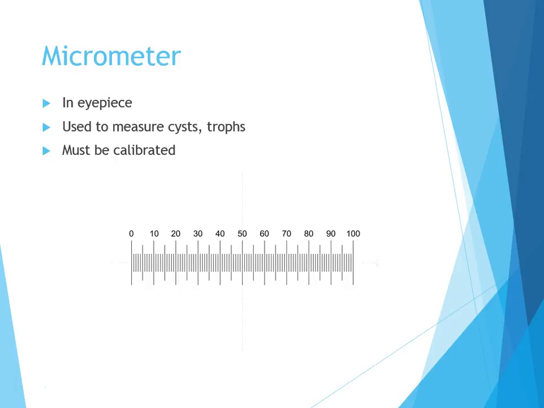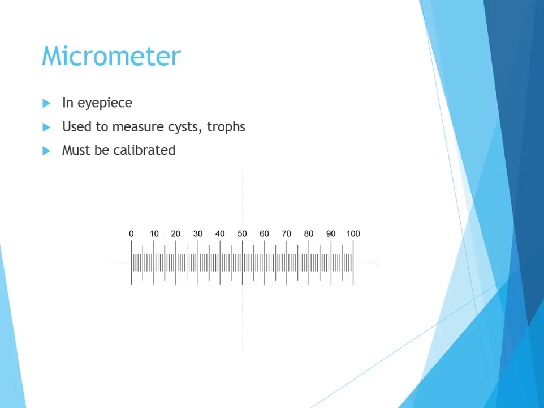Okay, if you've noticed when you're looking in the microscopes, there is a little ruler in some of the eyepieces. They're not in all of them, but if you have a little ruler, this is called a micrometer. The micrometer is used to measure parasites. The parasites are measured in order to identify what they are.